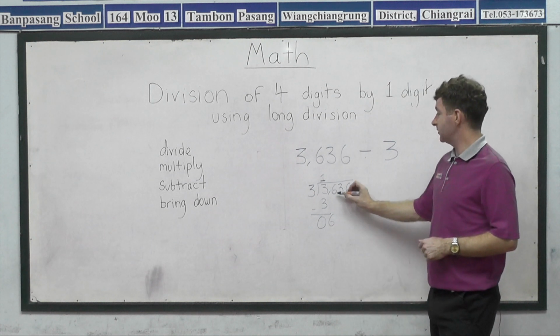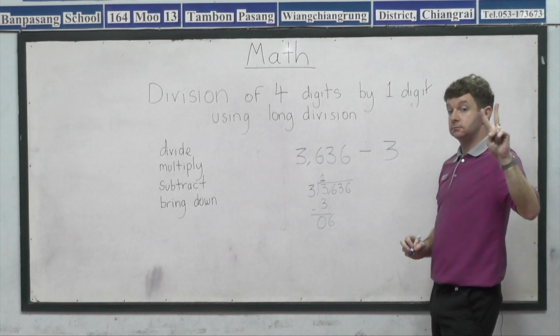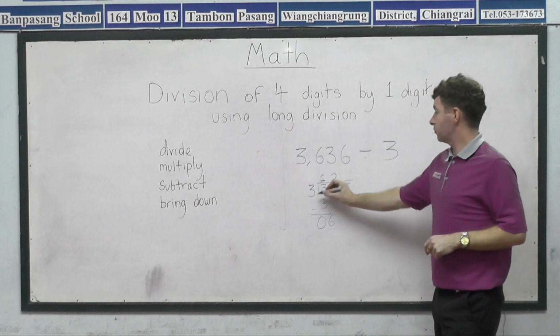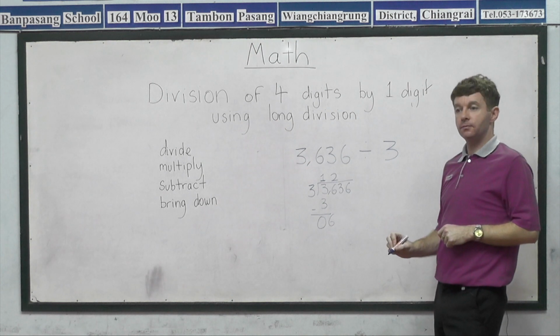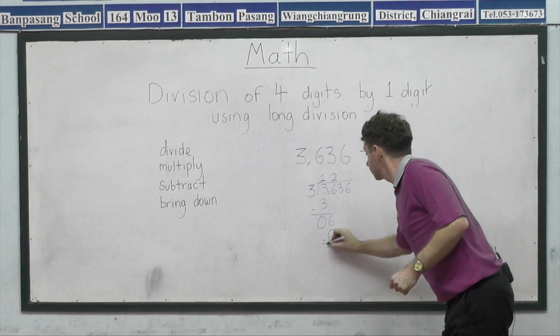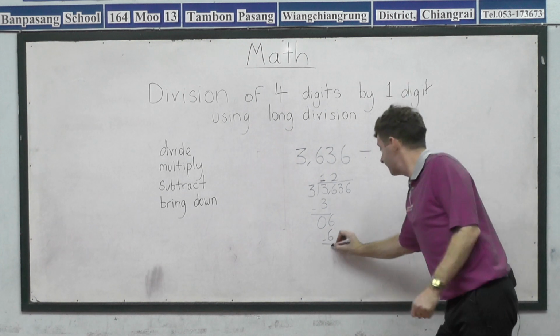So now 6 divided by 3 is 2. 3 times 2 equals 6. 6 minus 6 equals 0.